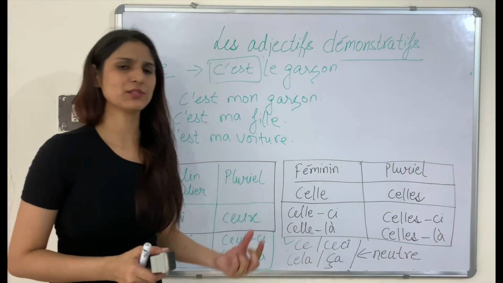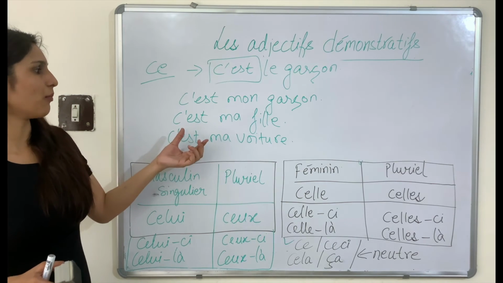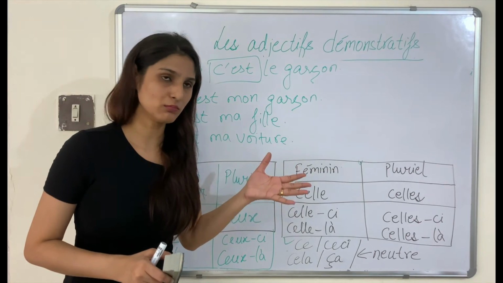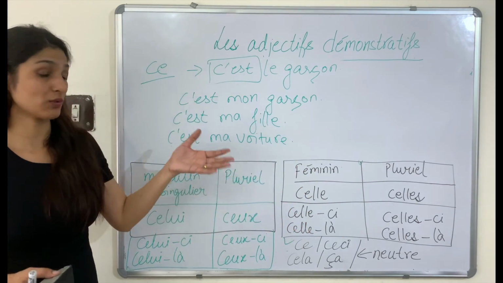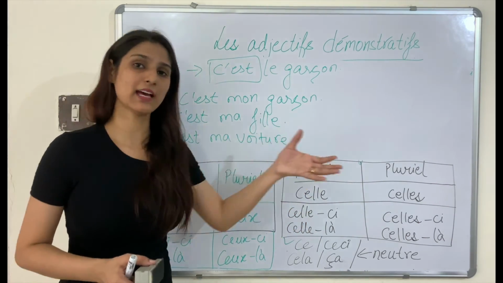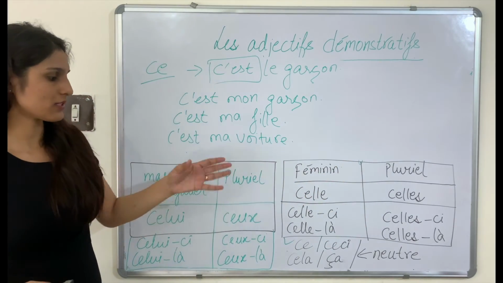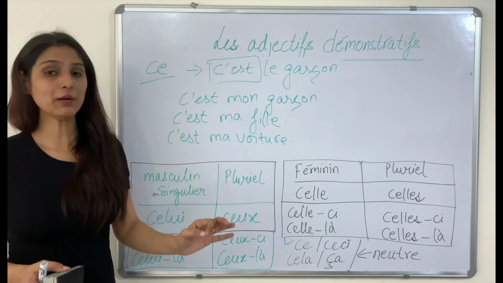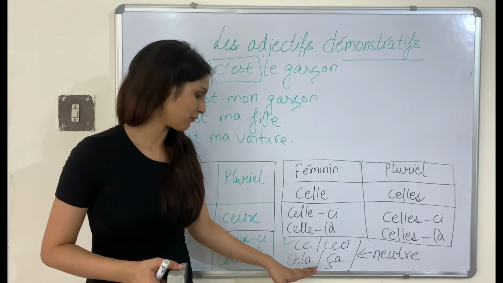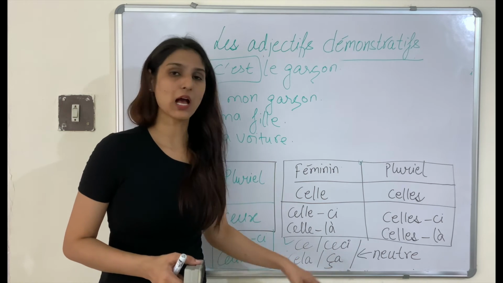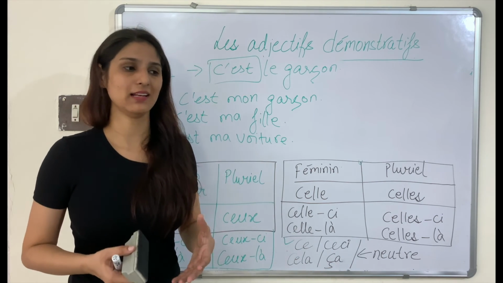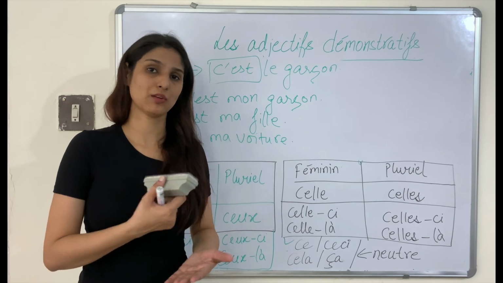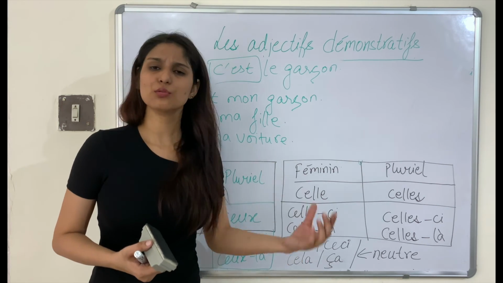Now, ceci is actually the spoken form of ce. Ceci est la mienne, ceci est ma voiture, ceci est ta voiture. So that is how ceci is going to come. Cela is very formal, and it is actually written. Instead of using ça, which you are going to tell about anything, because when you're a beginner you don't have the meaning of the word, so you use a lot ça.